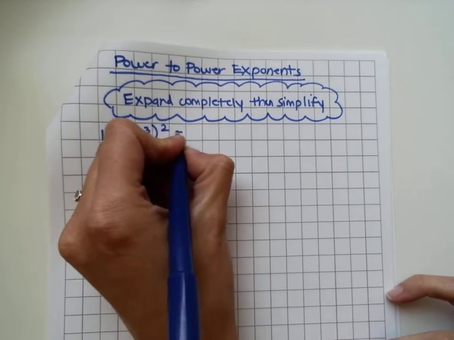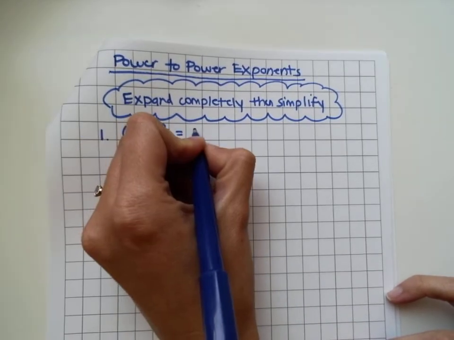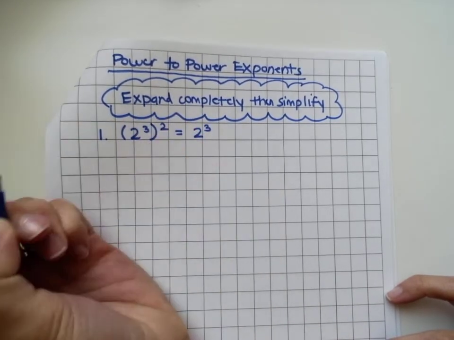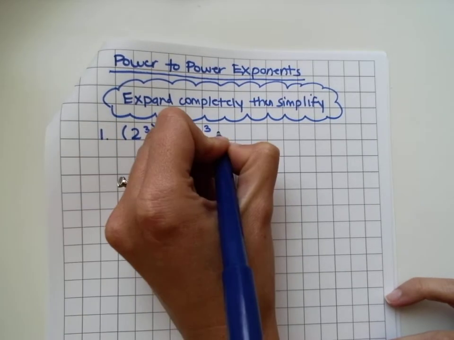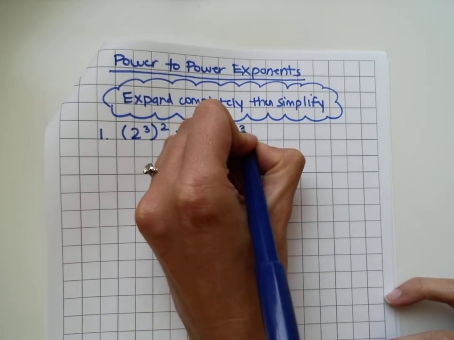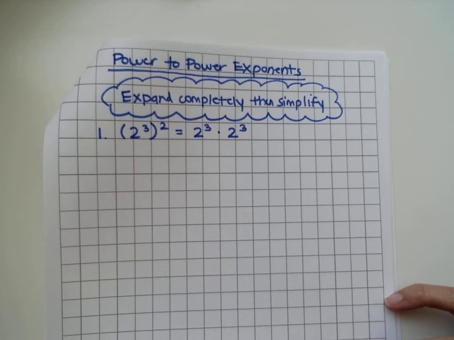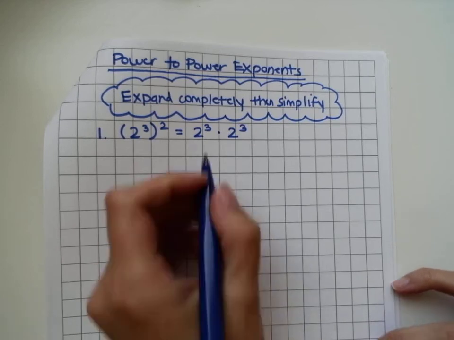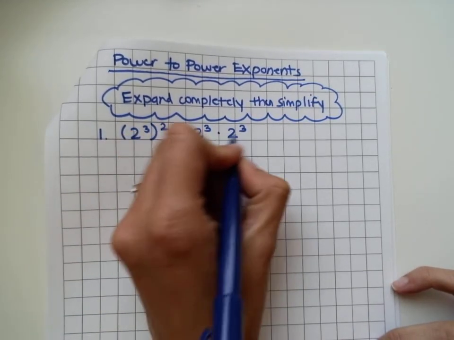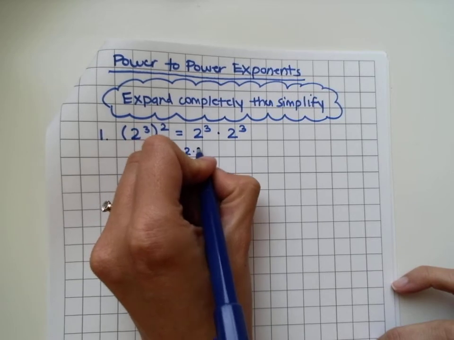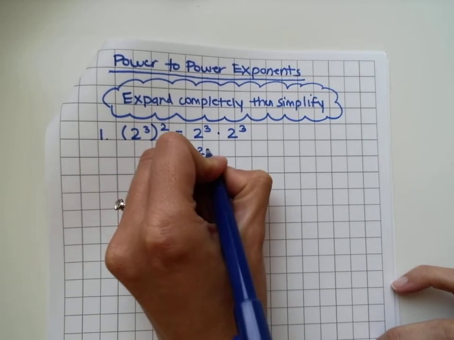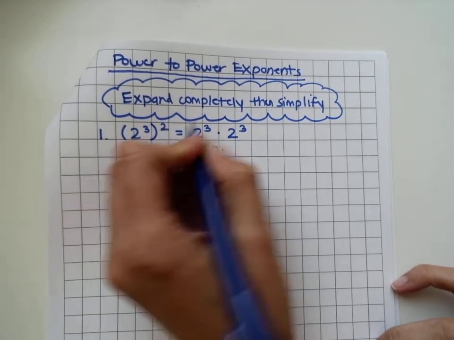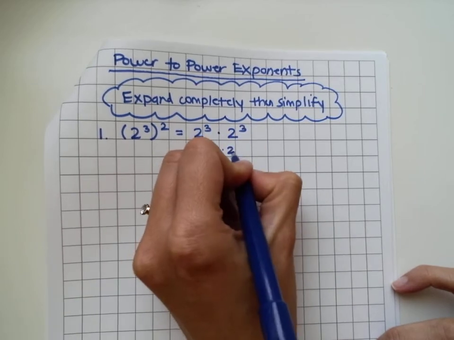So we first need to expand, and so we have 2 to the third power 2 times. So 2 to the third power times 2 to the third power. And then we need to expand again because that's not expanded completely. So that's 2 times 2 times 2, because 2 multiplied 3 times, 2 multiplied 3 times again.